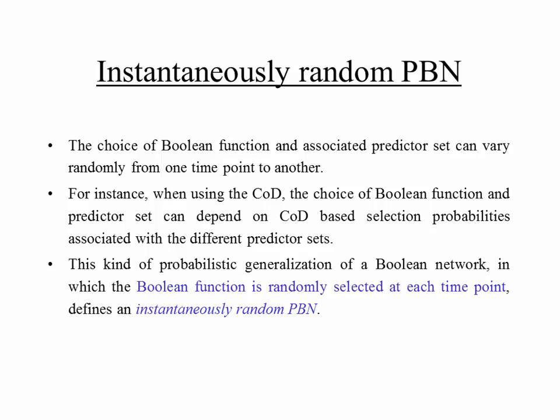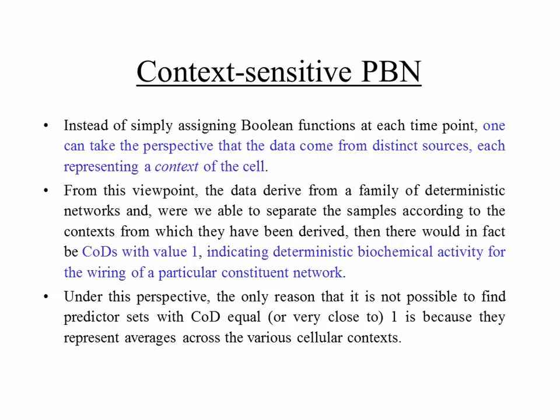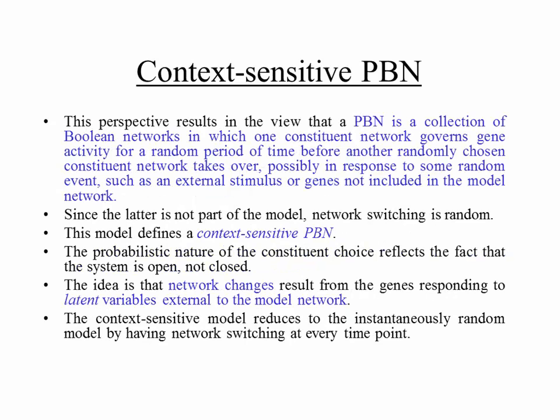On the other hand, you could have a situation where the network stays the same for a certain amount of time and suddenly it switches to something else, becoming a different network. So there is a distinction between what is called an instantaneously random PBN and a context-sensitive PBN. I will talk more about this in a later lecture, probably next time, because there are pictures coming, so let's not worry about this here. This is about the context-sensitive probabilistic Boolean network.